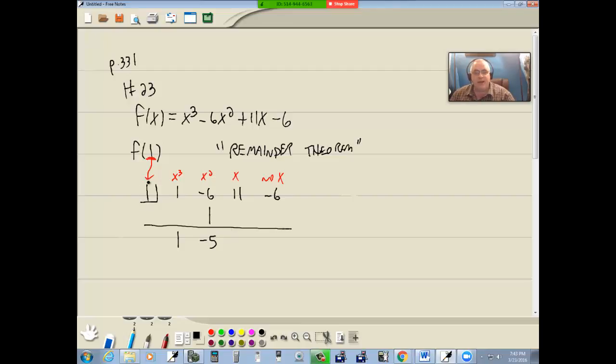Then we multiply. 1 times negative 5 is negative 5. Then you add. 11 and negative 5 is 6. Then you multiply. 1 times 6 is 6. And then you add. Negative 6 plus 6 gives us 0.